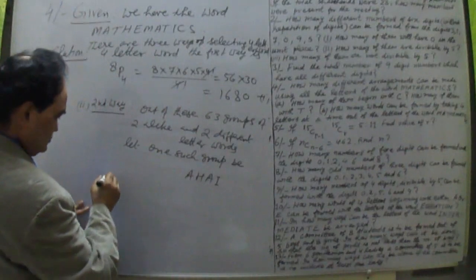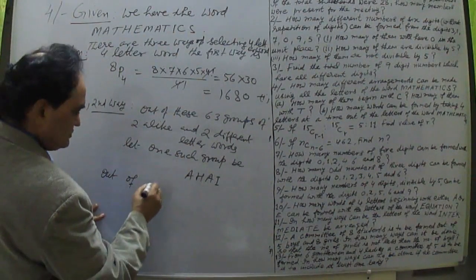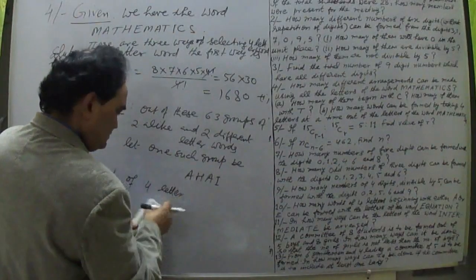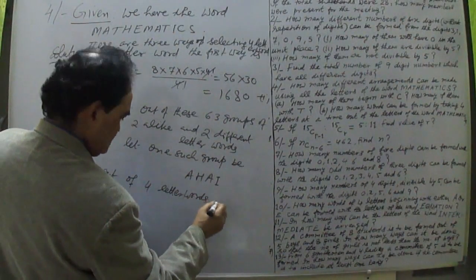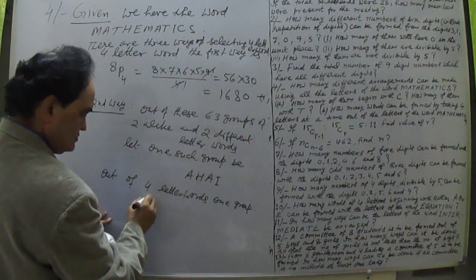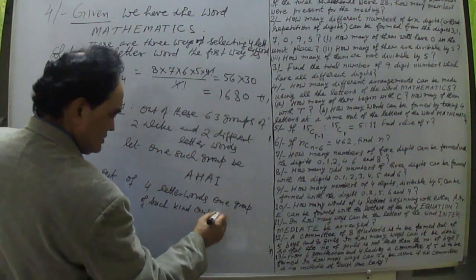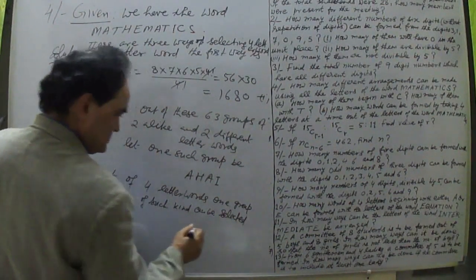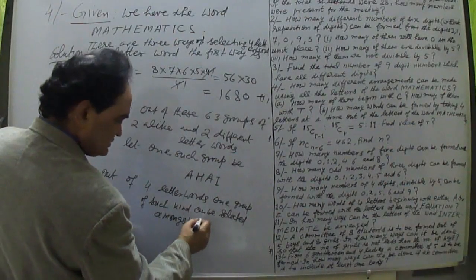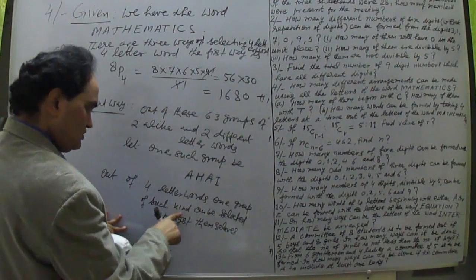Now these two similar groups, out of these 4 letter words, one group of such kind can be selected amongst themselves, right?